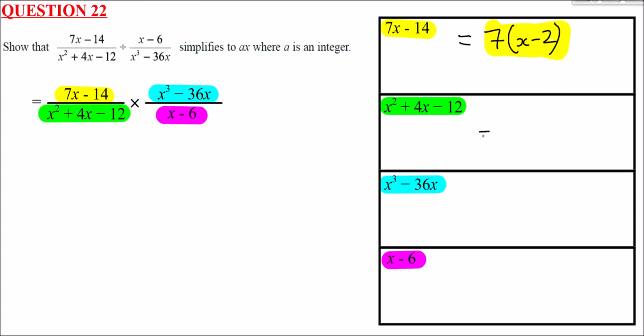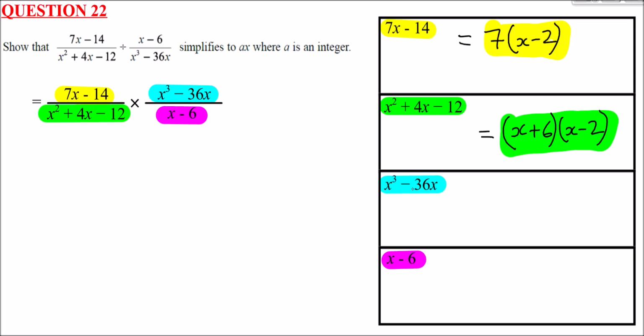Well, because it's only just 1x squared, we can think of this as finding 2 numbers that multiply together to give minus 12, and when we add them together, give 4. Now, the 2 numbers that would work here would be positive 6 and negative 2. So we can say this is x plus 6, x minus 2. And so therefore, that one does factorize as well.